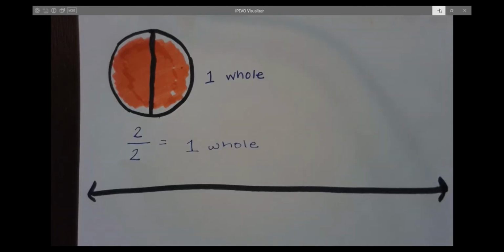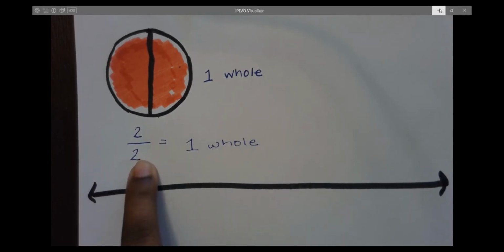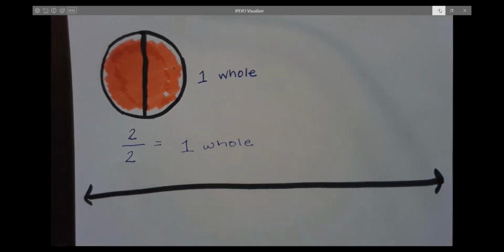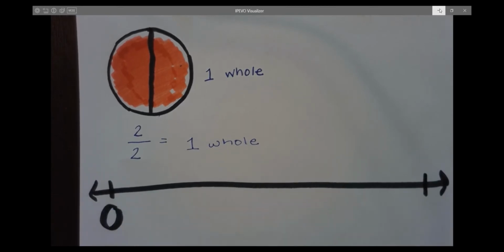Now let's try to put them on a number line. Let's come back to our 1 cookie, and we found out that 2 halves, or 2 over 2, is the same as 1 whole. So I know that I need to start by labeling my number line. We're going to start with 0, and the whole number that we have here is 1. So we're going to stop at 1. Now, how many parts do I need to break my number line into?